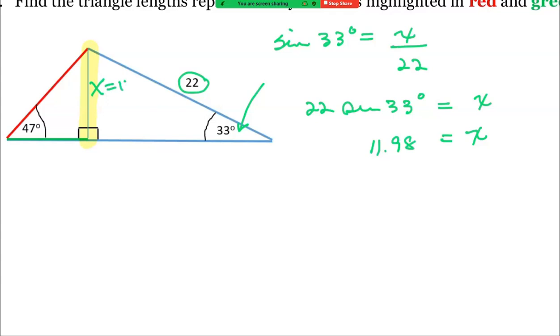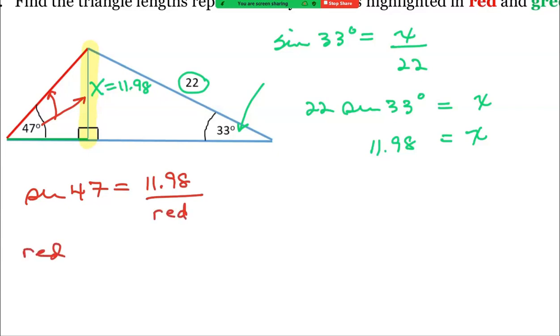Okay, so if this is 11.98, I'm going to use that now to get information on the red and the green. So if I want to do the red, I'm going to say, from this point of view, I have this, and I need the hypotenuse. So the sine of 47 equals opposite 11.98 over, we'll just call it red, over red.